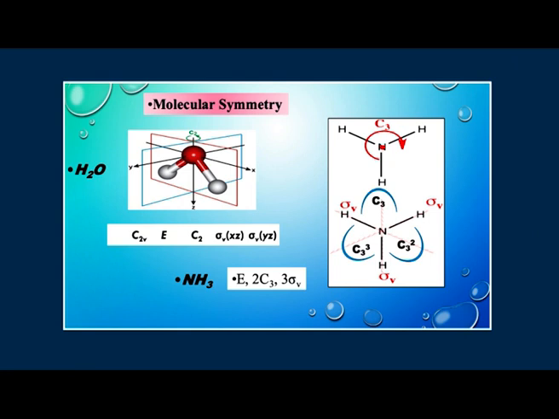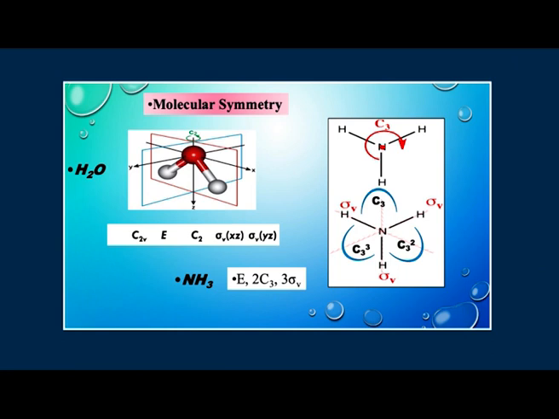In ammonia, which is a pyramidal molecule, you can see a C3 axis, that means a 120-degree rotation about the axis gives an indistinguishable orientation. We can observe symmetry after a rotation of 120 degree, 240 degree and 360 degree respectively. The 360 degree is otherwise equivalent to 0 degree, right?